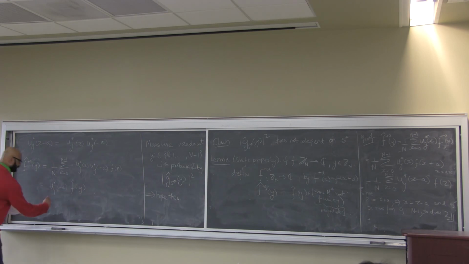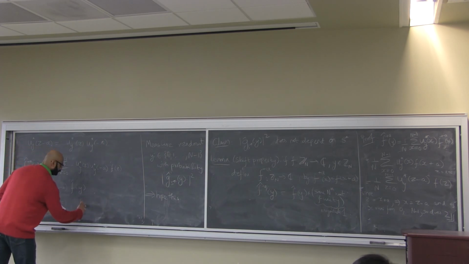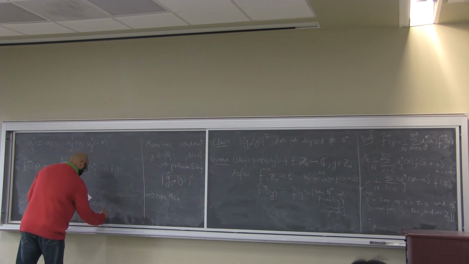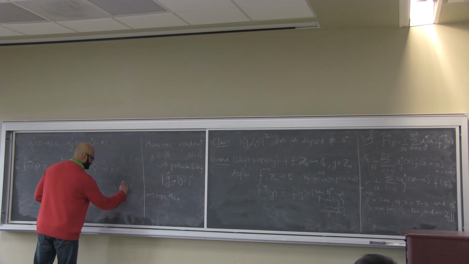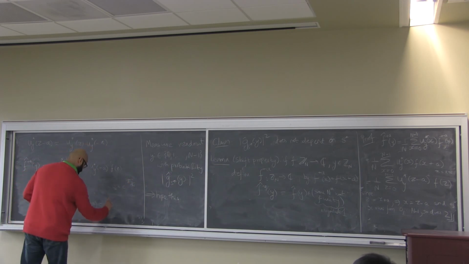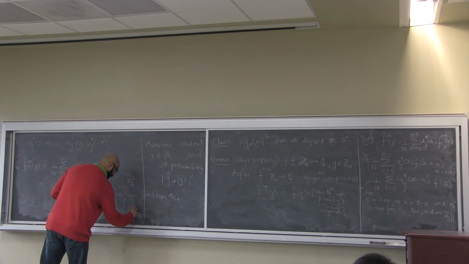Okay? And this guy has magnitude equal to 1, because if you want explicitly, u_y star of minus a is simply omega, the nth root, omega_n, remember, was e to the 2 pi i over n. So this is omega_n to the power minus y times a, and this is conjugate, and so this is just omega_n to the y a. Okay?